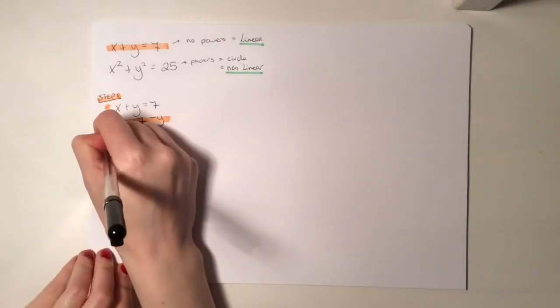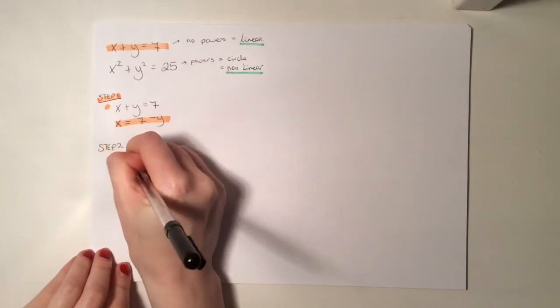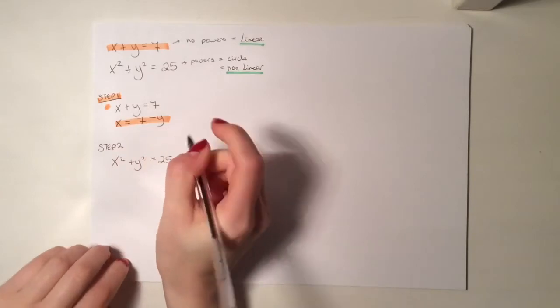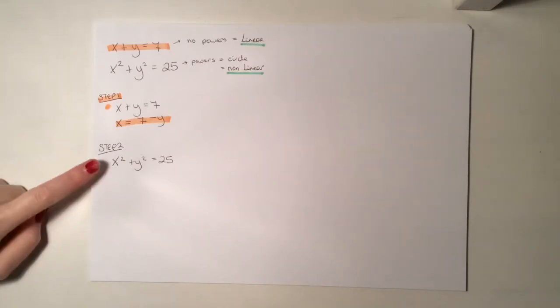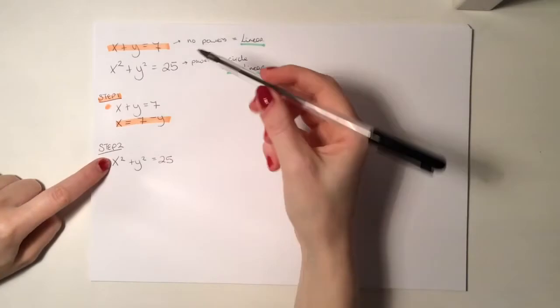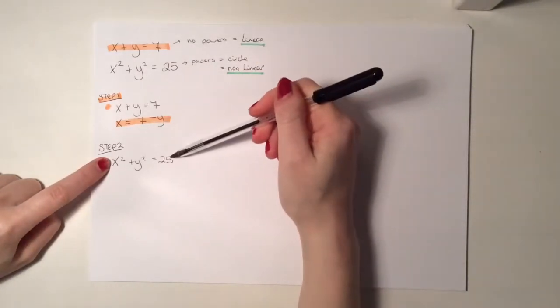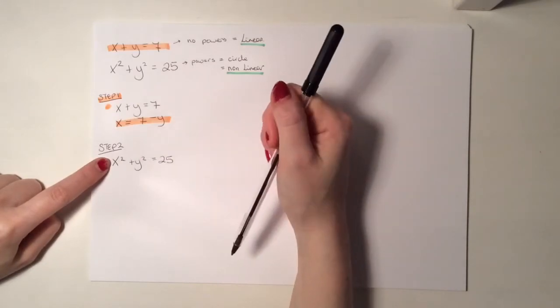Step 2. You're going to take your circle, your non-linear equation. Now, we now have a value of x. So I'm going to see if there's any x's in this equation, and I'm going to replace that x with my value of x that I just found in step 1. So we've got a 25, we've got a y squared, lo and behold, we've got an x.